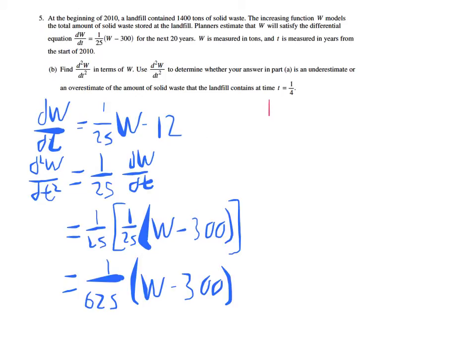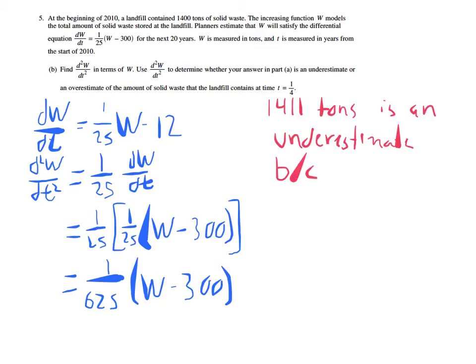So we can say our 1,411 tons is an underestimate because W is always concave up.